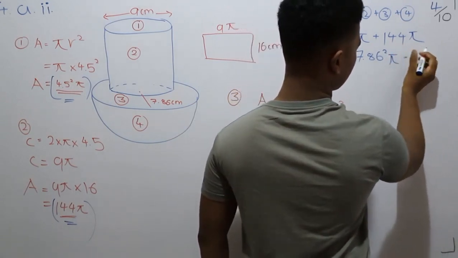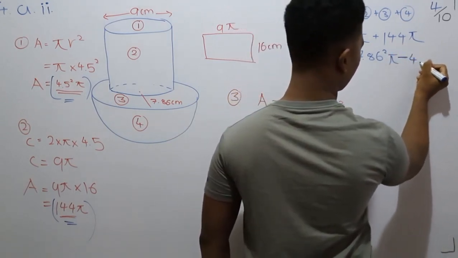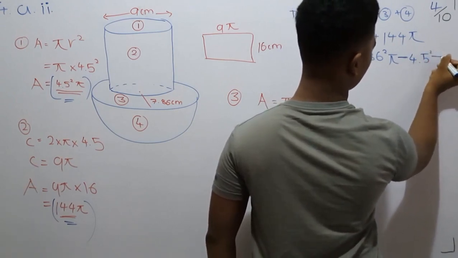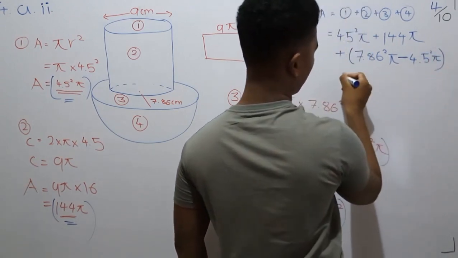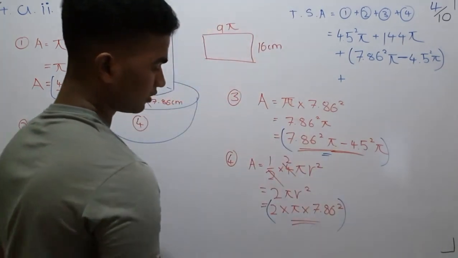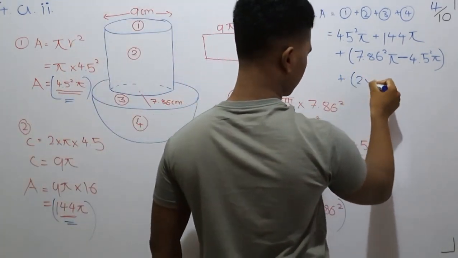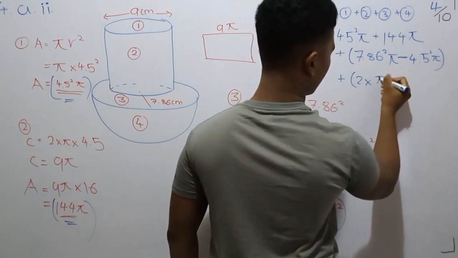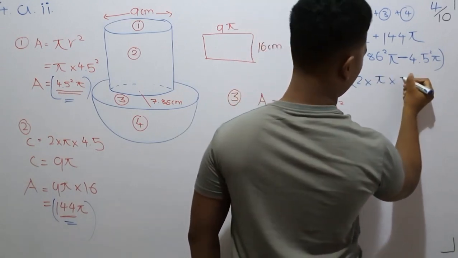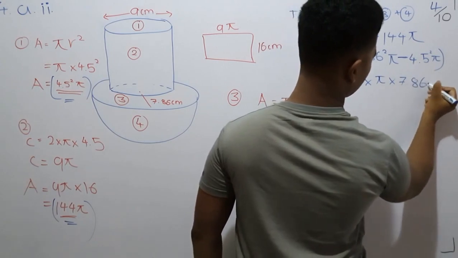minus 4.5 square pi, plus area number 4 is this whole thing. Put it in brackets. 2 into pi into 7.86 square.